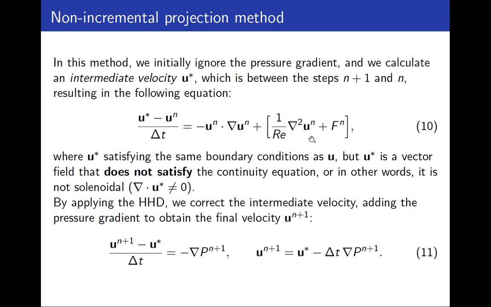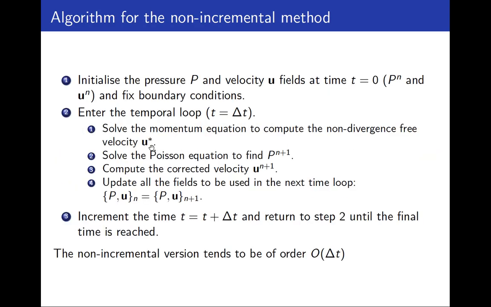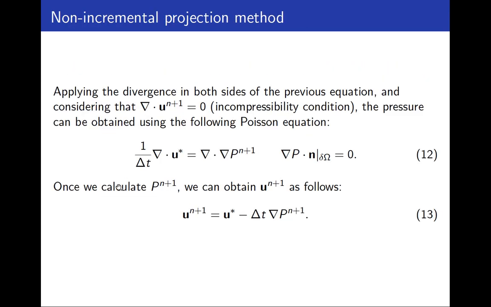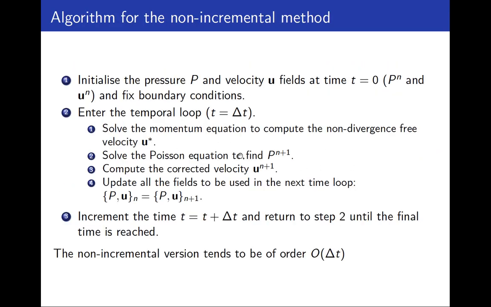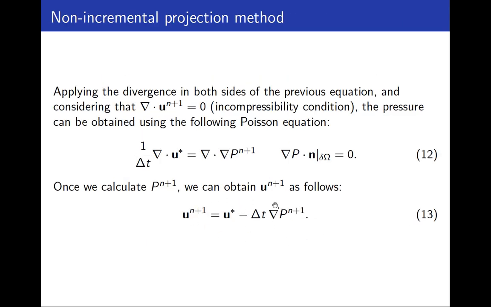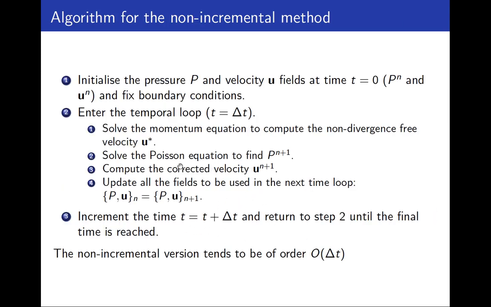So you need to solve this equation, equation 10, to obtain u star. Once you have u star, you move to step 2, which is to solve the Poisson equation, equation 12, to estimate P, the pressure at n plus 1. And once you have these two pieces of information, you correct the velocity as follows with equation 13.